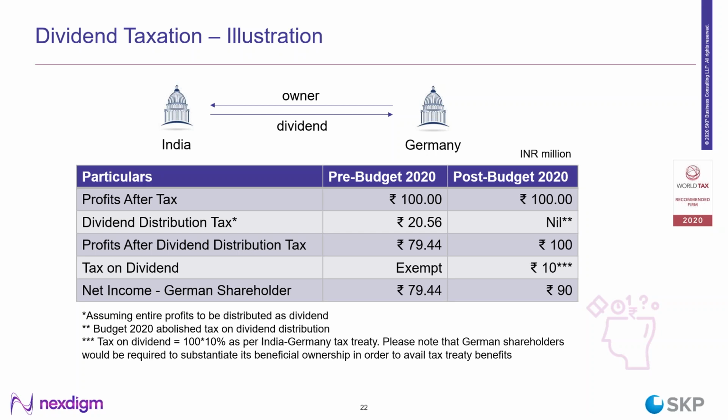Further, on this 100 million INR, when it offers this to tax in Germany, it would also be in a position to claim the 10 million INR as a credit in Germany. So from a foreign investor perspective, this becomes a huge additional cash flow from India, from their subsidiaries or investments into India, and also at the same time enables them to take tax credit in the home country.